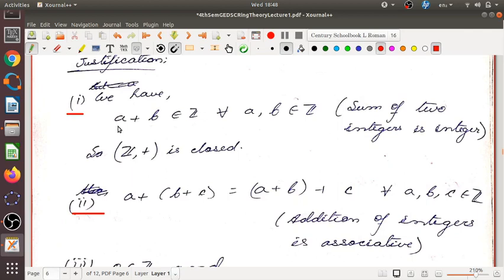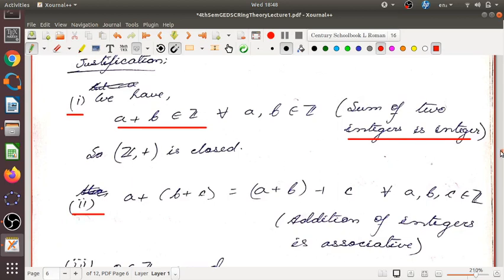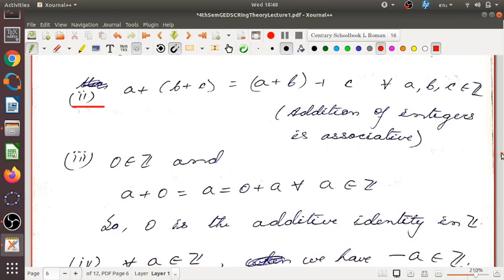The first property is closure with respect to addition. If you add any two integers, the result is an integer. So the sum of two integers is an integer. We have used that property to show that (Z, +) is closed. Then we also know from our childhood days that addition of integers is associative, so (a + b) + c is the same as a + (b + c).